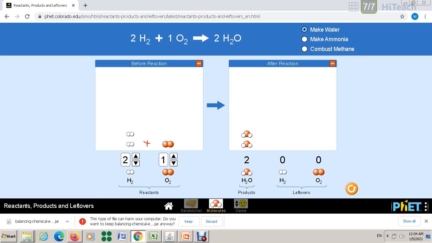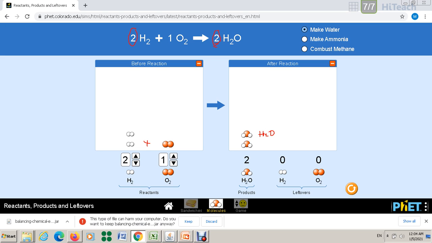After the arrow, I found 2 molecules of water. These 2 molecules of water have H2O. So as you see here, how many molecules of water? They are 2 molecules of water. How many hydrogen molecules did I use?